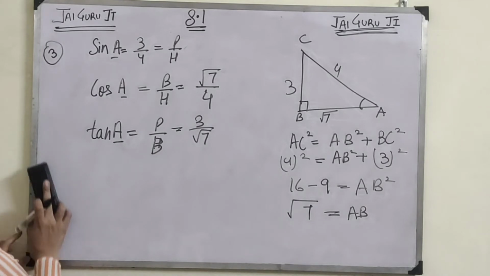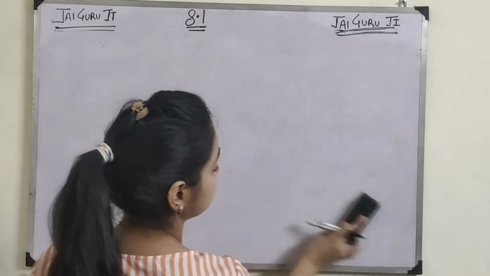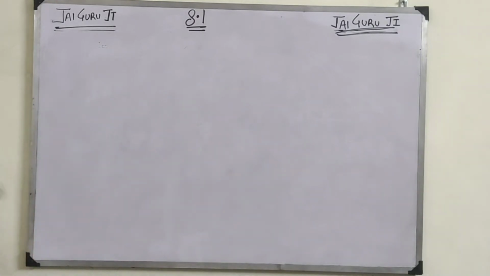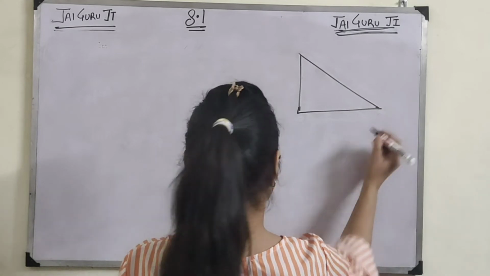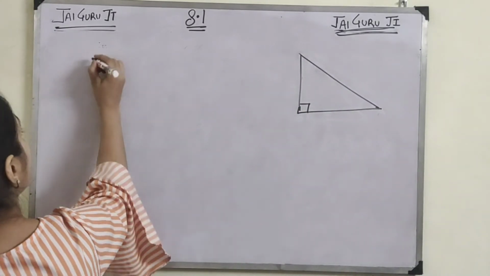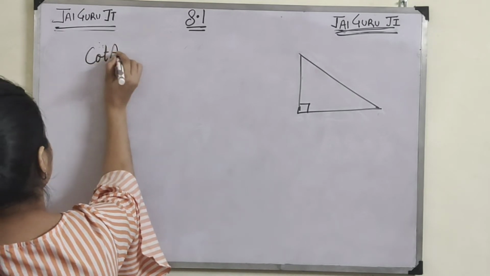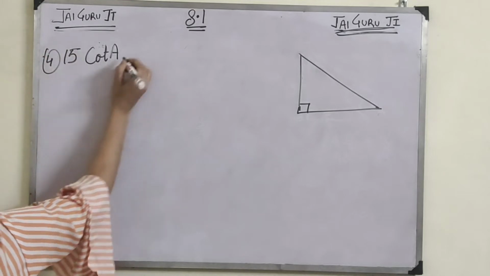Now I will move further to the fourth question. Always remember the calculation should be done properly. In the fourth question they are saying, again you have to make a triangle first. Right angle. They are saying 15 cot A is given 8.